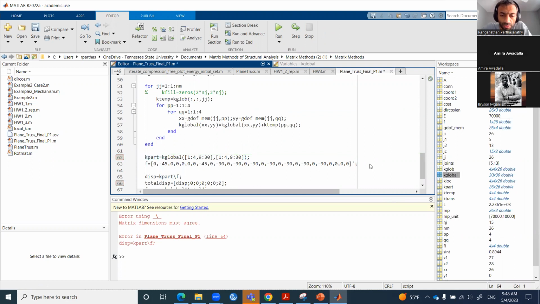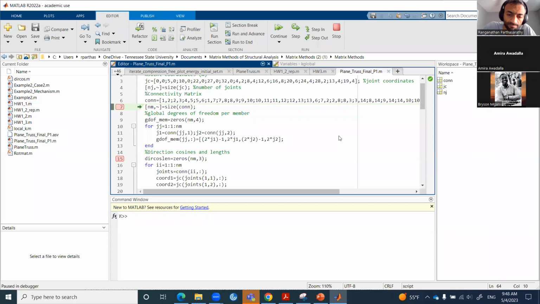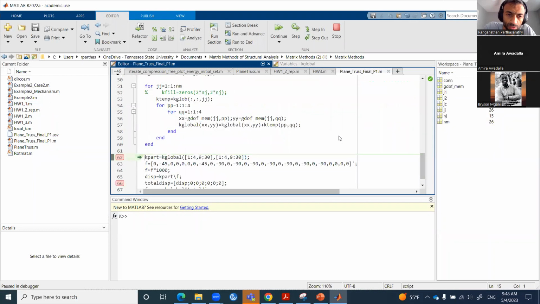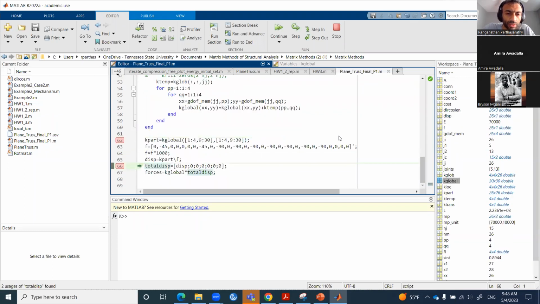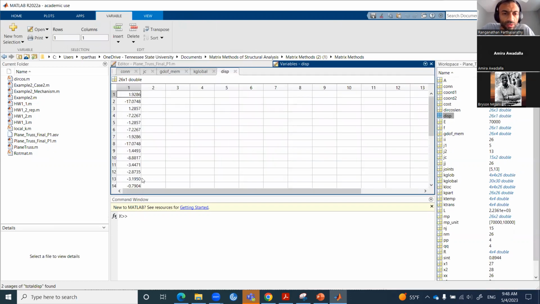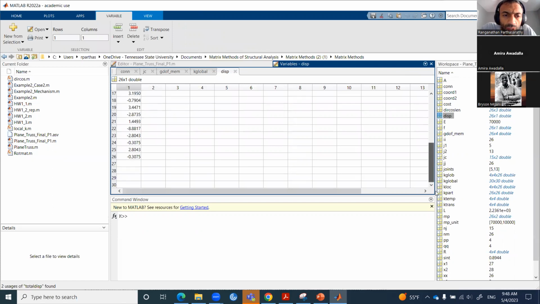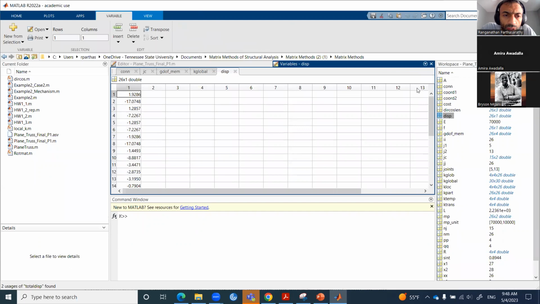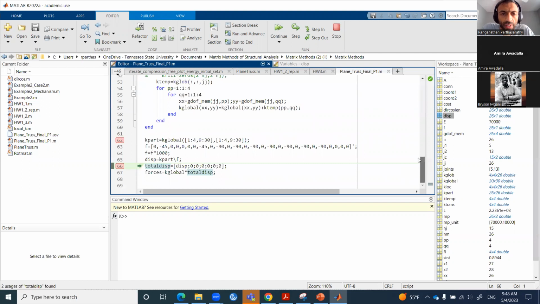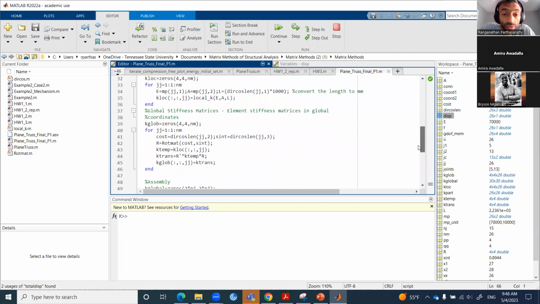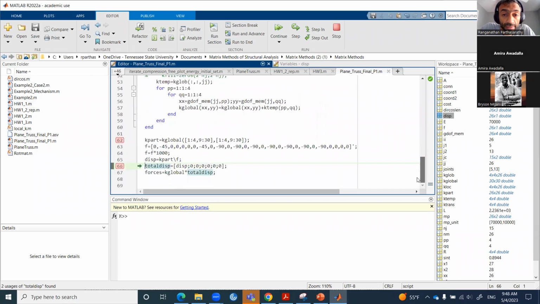So let's just do F equal F2. So that should be fine. So displacements, yeah, those are in Newton, millimeter.